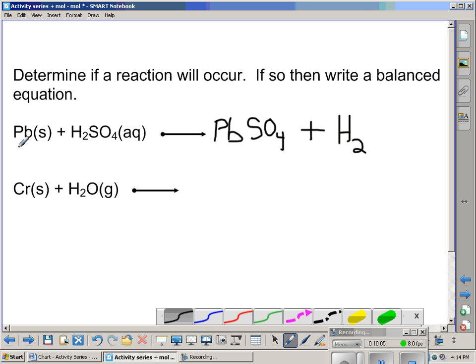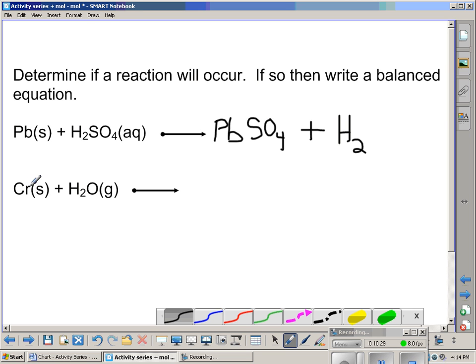Okay, and here we have a single displacement reaction of one single element in a compound. We get a different element out and a different compound. They've traded places. And we have one lead, 2 hydrogens on both sides, and a sulfate on both sides. It's a balanced equation.